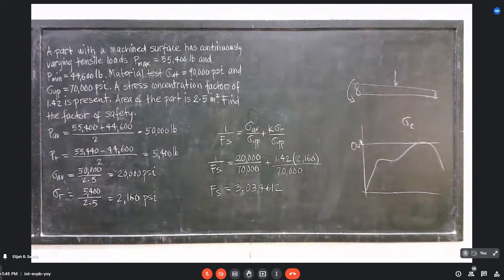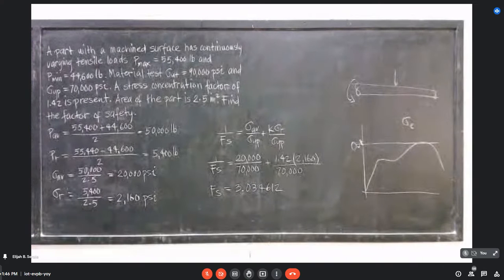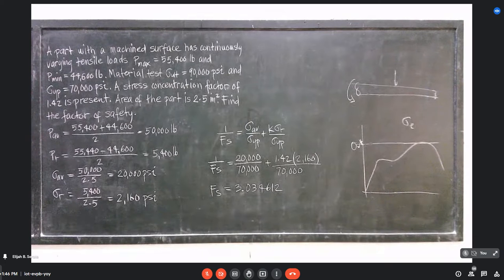So, in other words, the ultimate is when you apply tension so that it will require a very much higher stress to break it. But if you apply a reversing load, it will only take a smaller amount of stress, which is called the endurance stress. Or sometimes it's called fatigue.